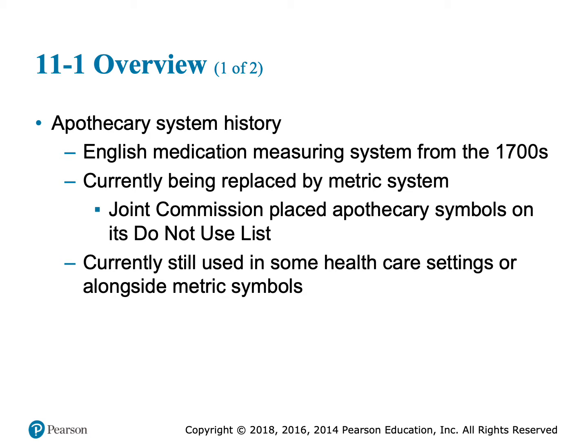It's currently being replaced by the metric measuring systems to avoid miscalculation of dosage and inconsistency in drug labeling for healthcare practitioners. In fact, some training programs no longer include the apothecary measurement because of the conversion to metric units and the use of household measures, which are simpler and less prone to errors.